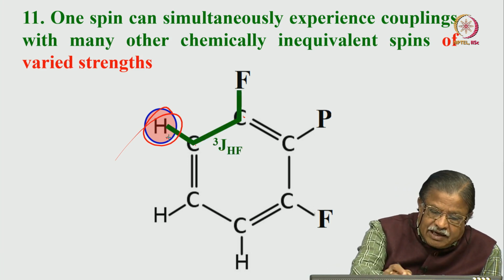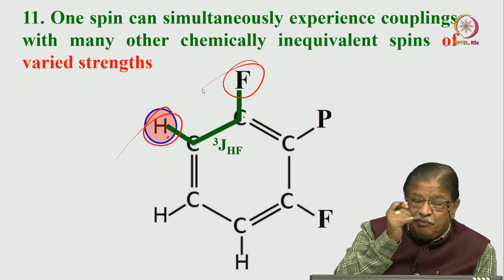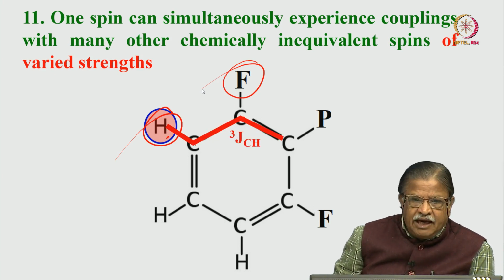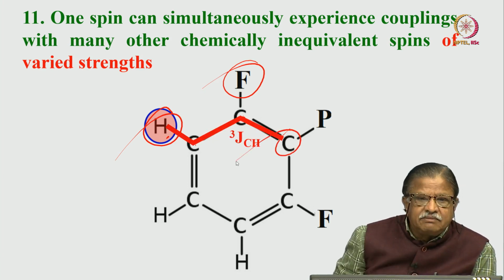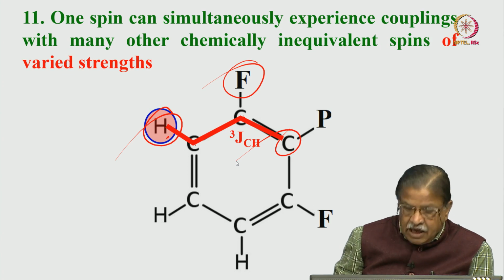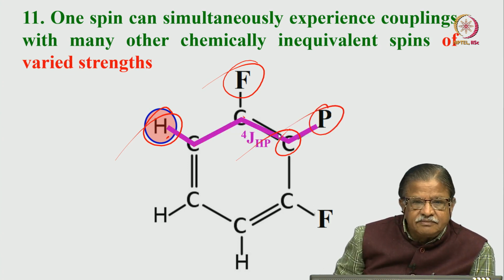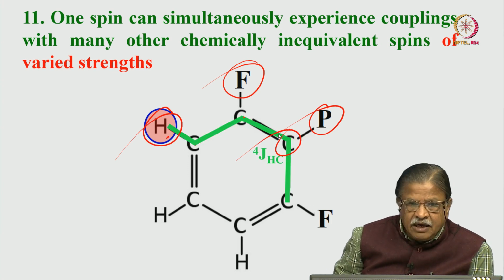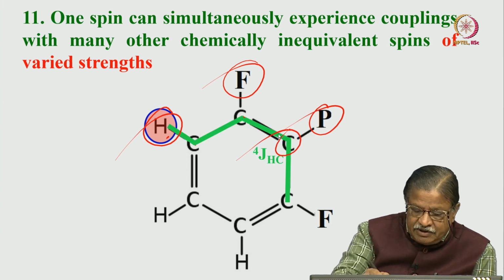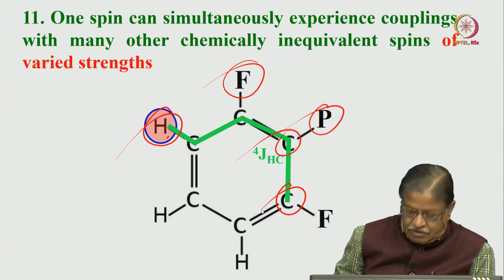This proton can couple to this fluorine, heteronuclear 3 bond coupling is possible. It can have a 4 bond coupling with this carbon, heteronuclear coupling. It can have 4 bond coupling with this phosphorus, heteronuclear coupling. It can have 5 bond coupling with this carbon, heteronuclear.